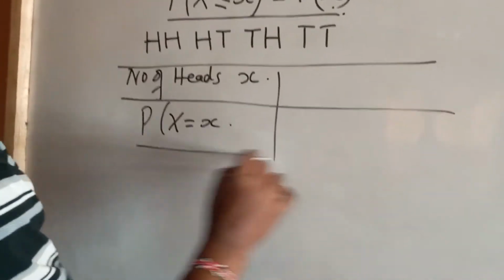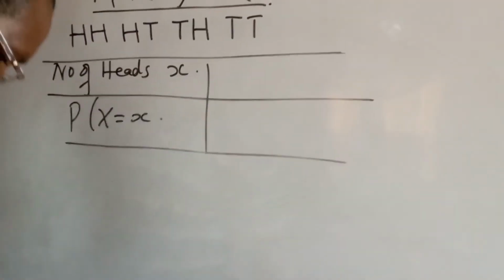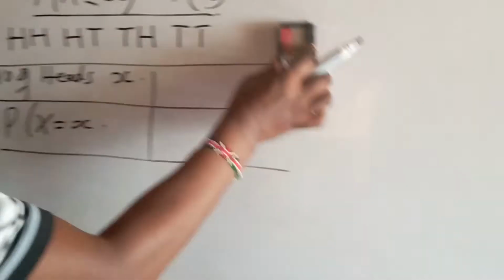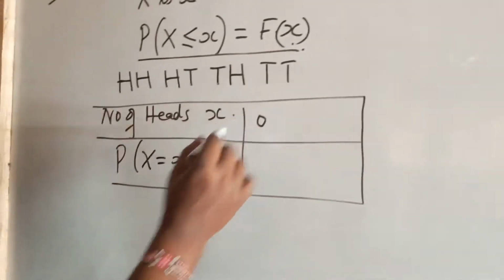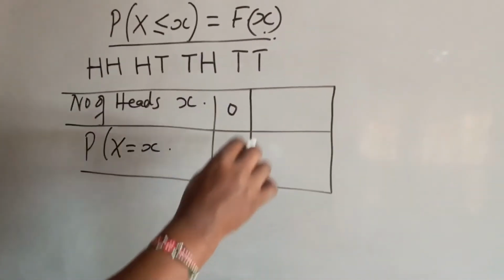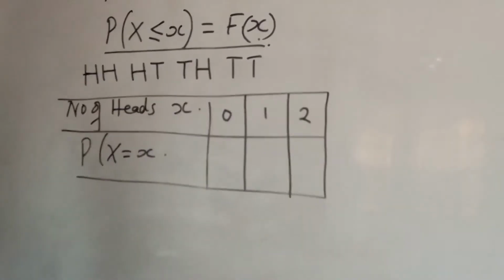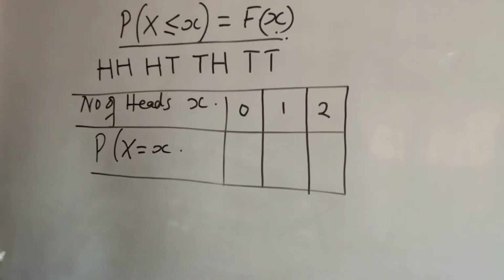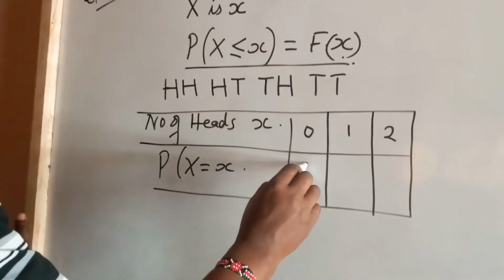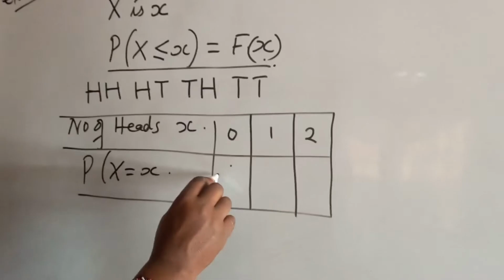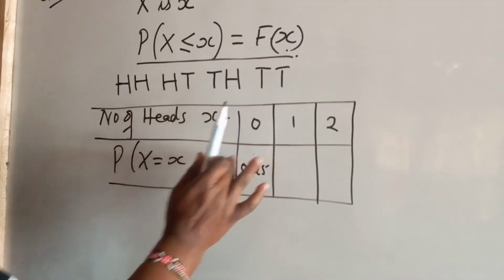Of course, it is true that we can have 0 heads, we can have 1 head, we can have 2 heads. What is the probability that you can have 0 heads? Here, we don't have any heads. So, 1 out of 4, which is 0.25, which is a quarter.